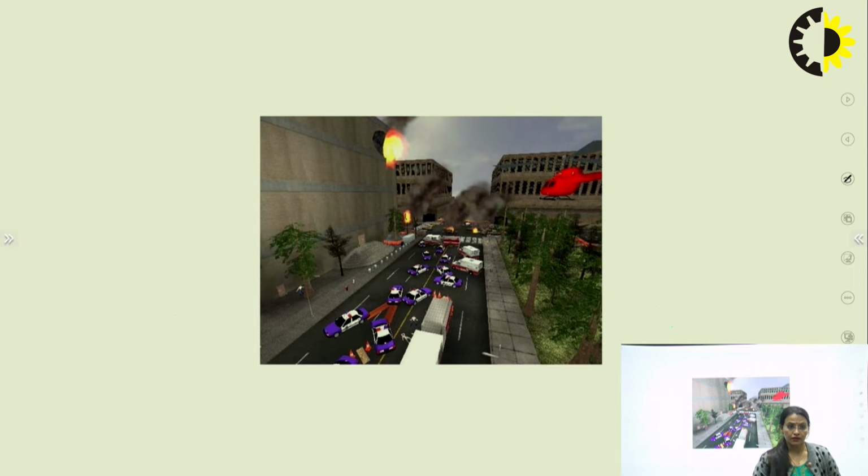Then this picture symbolizes the disaster in a city, which I talked about in my previous slide, that if there is a lack of coordination between any of the agents, here in this scenario, I am talking about human agents. That means here ambulances are involved, here police is involved, here helicopters or media are involved.